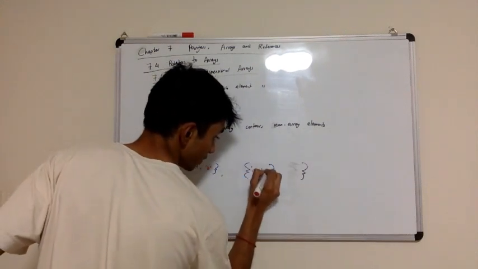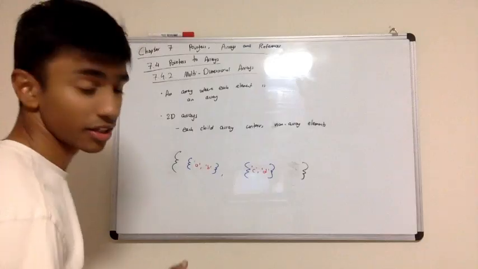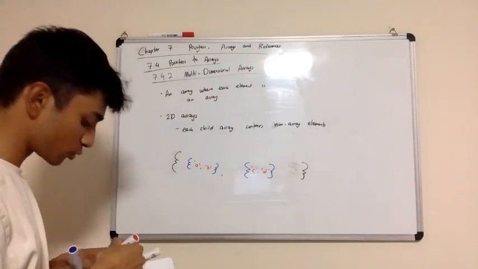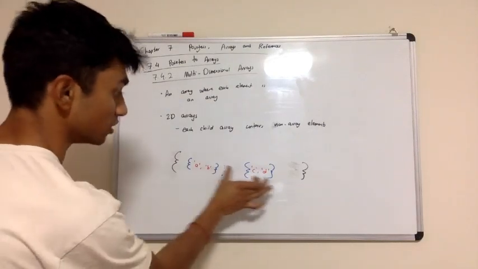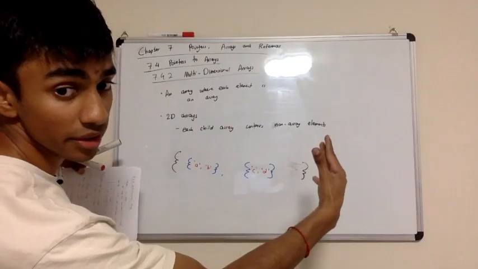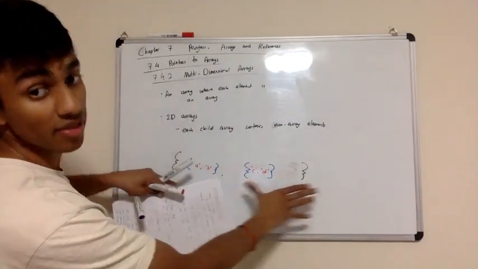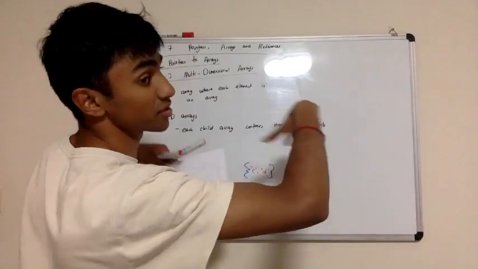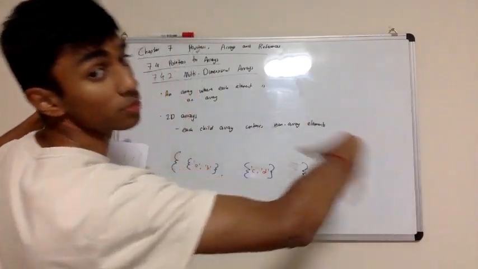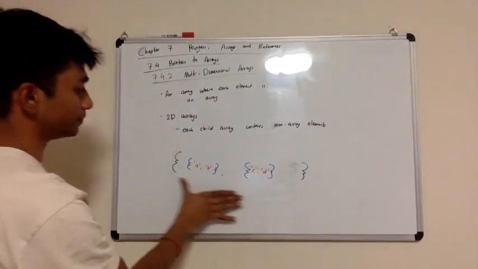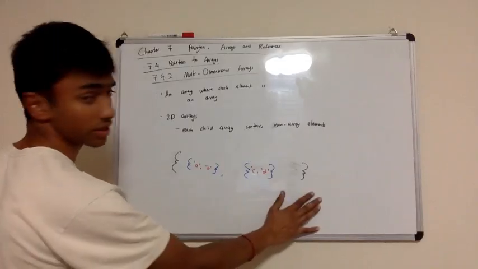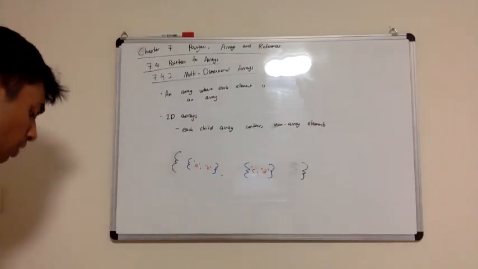Hopefully that's better. So each child array has characters within it, but then those child arrays are contained within this parent array. And if I had another one of them, contained within an even bigger array, then that would be a 3D array, and so on. But essentially, what we see here is a typical example of a 2D array.